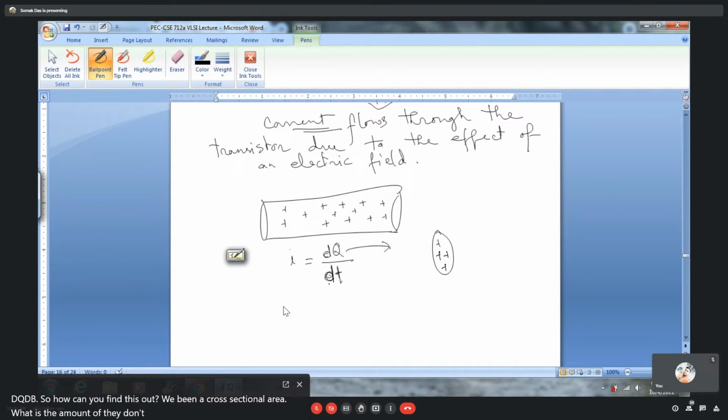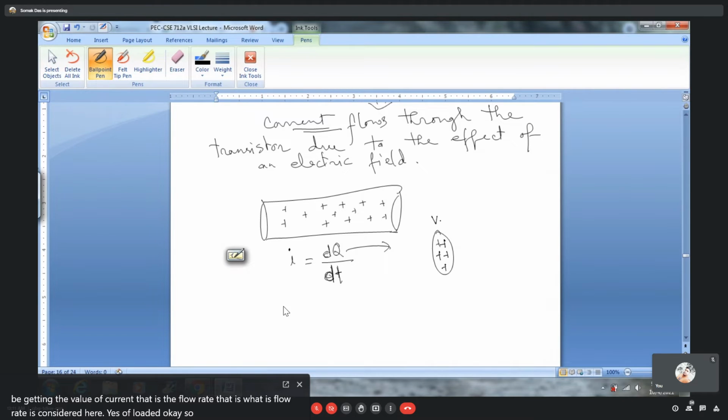Then if you divide that by the total time taken to move that hole from one end to the other end, you will get the value of current. That is the flow rate. That is what flow rate is considered. Yes or no? Yes, sir, flow rate.